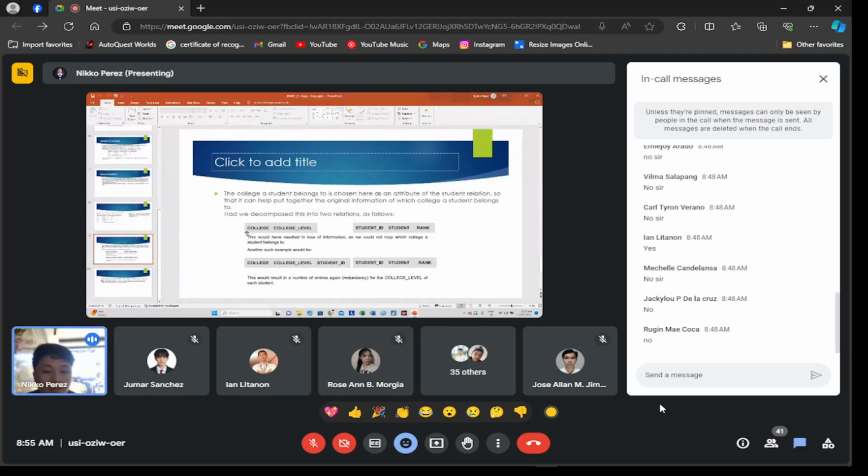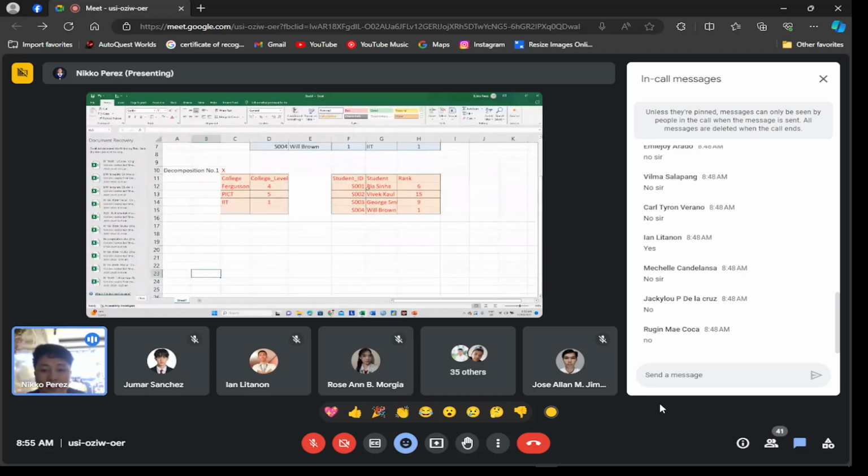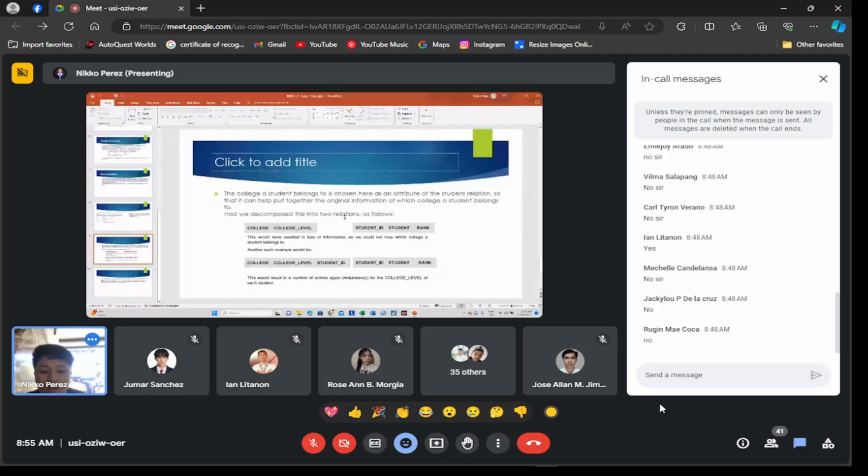Okay, look at our table here. This would have resulted in our table when we applied it here, gibutngan og mga data, no? If you look at our Excel, college level, student ID, student and the rank muna ang columns, di ba? So this would have resulted in loss of information as we could not map which college a student belongs to. Okay? So that is still a problem. There is a data loss or loss of information.